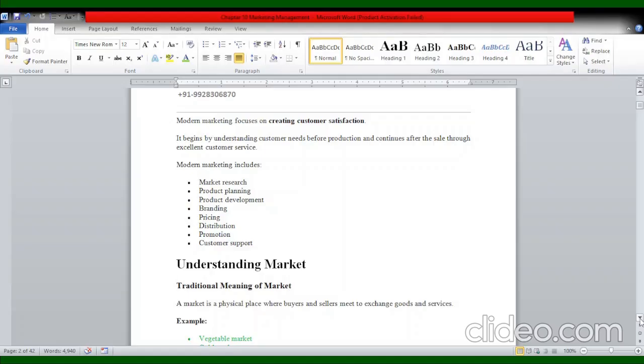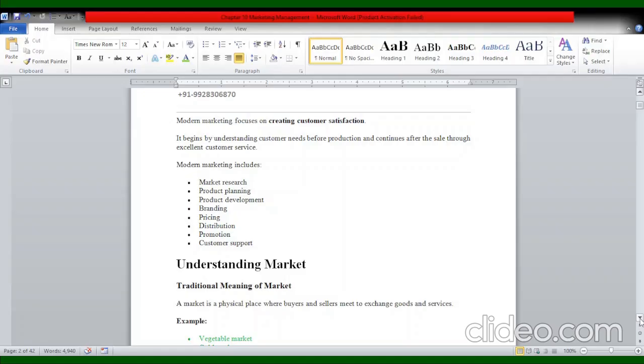After production, you sell to the market, you bundle, label, and package the product, and after selling, you are also providing services. For example, you are selling ACs. During the summer, you need an AC and you want to install it in your room or in your premises or office. So they are selling the ACs.